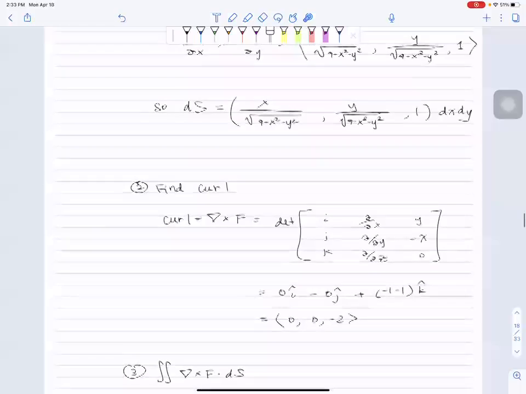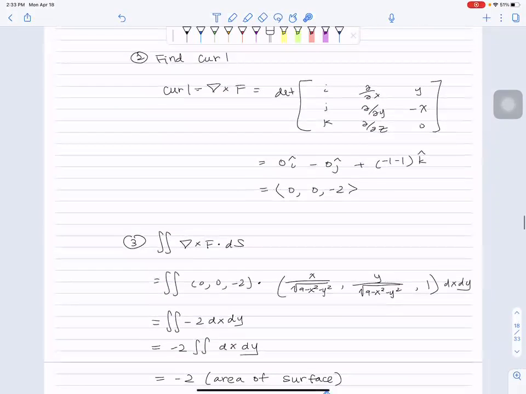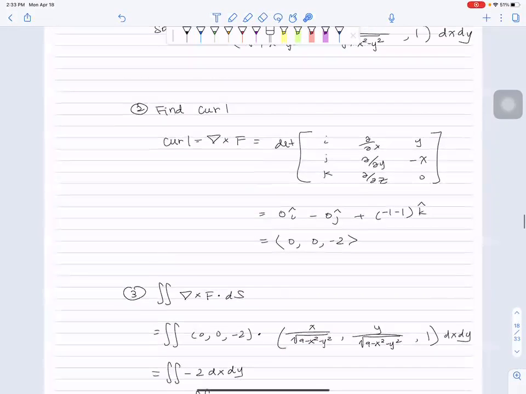Second step, I want to find the curl. We know that the curl is doing the determinant. If I do the determinant formula, I end up getting just -2 in the k component. And then finally, I can follow our formula. What does our formula say? We want to do the curl dot dS. The curl was 0, 0, -2.